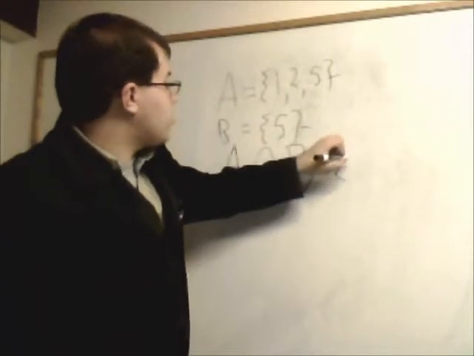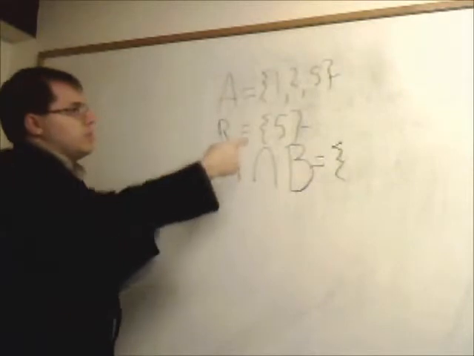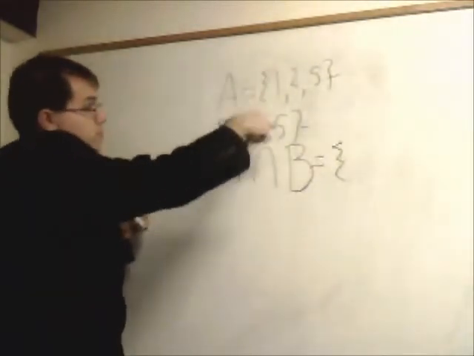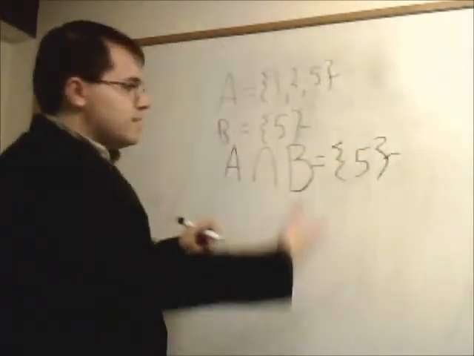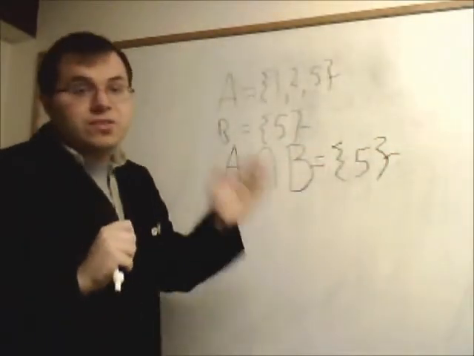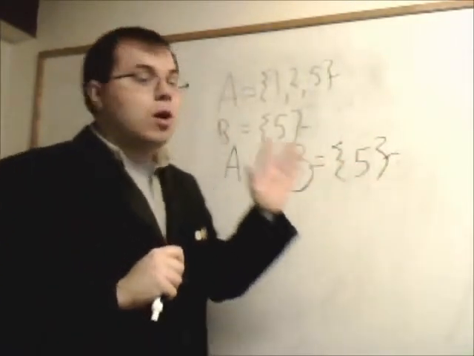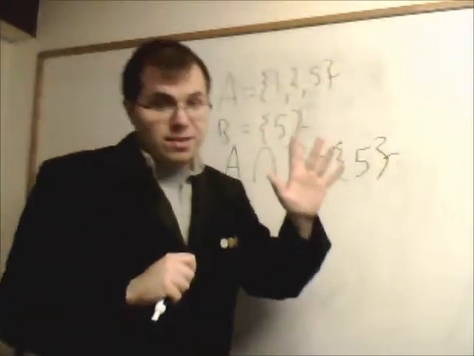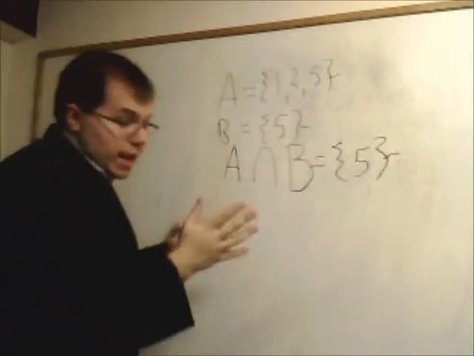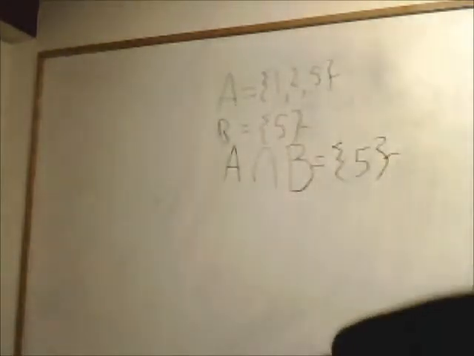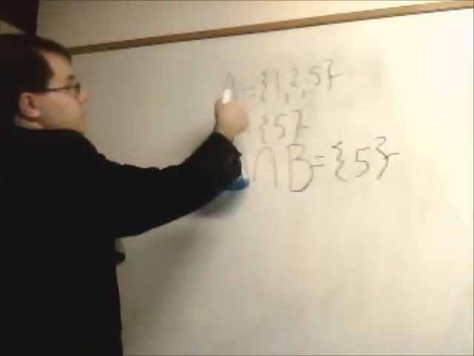Notice, okay, which element here matches? Well, 1 and 2 are not in there, but 5 is between the two, so you would just write down 5 in its own set, because the output of these operations are sets. Not to be confused with arithmetic operations. These are all binary operations, but they're using sets. Intersection and union have a lot of relationships with each other. We don't have enough time to go through those right now, but we can definitely talk about them another time.